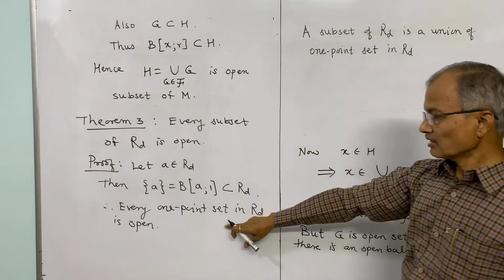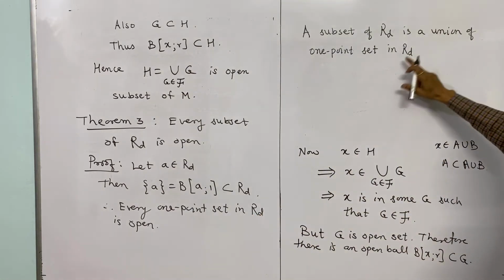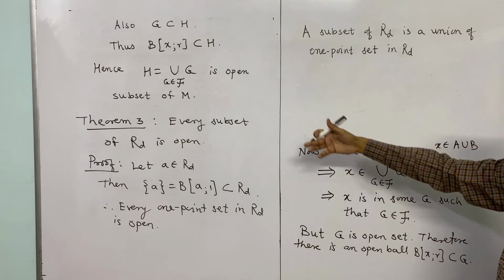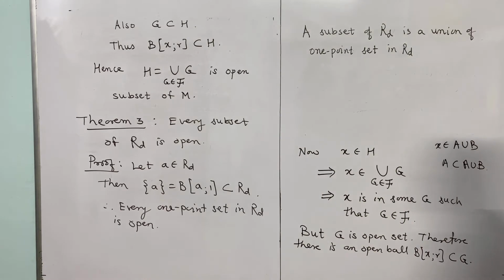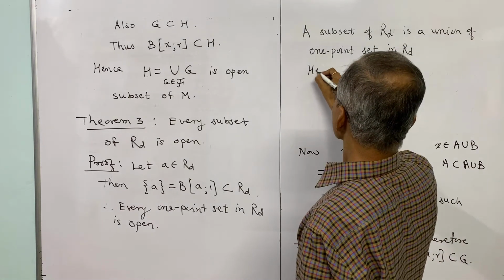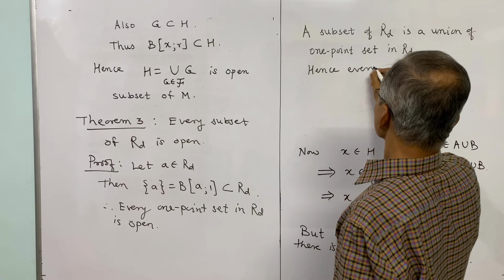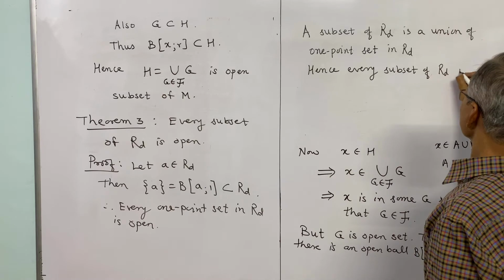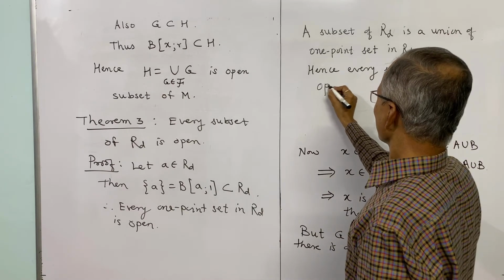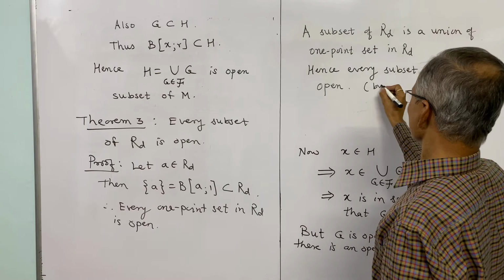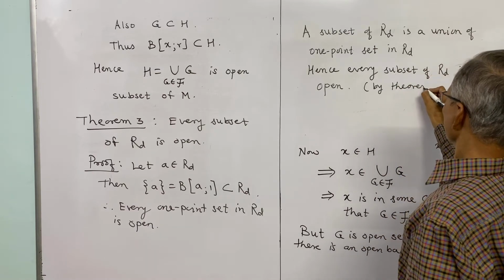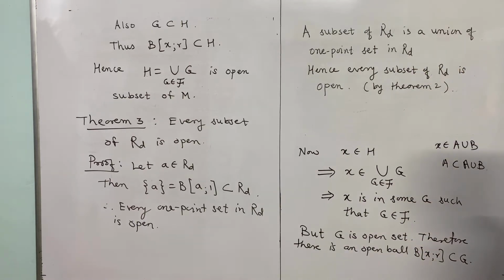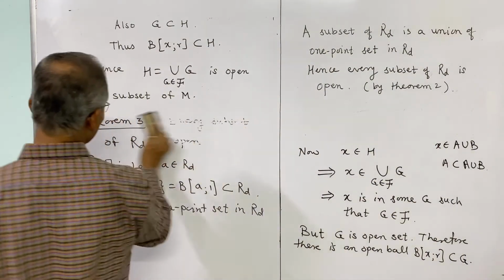And see what we have written: every one point set is open, and a subset is a union of one point sets, which means a union of open sets, and a union of open sets is open. Therefore, every subset of R^d is open. This is by theorem 2. We have used theorem 2 here: a union of open sets is open, and thus this proves every subset of R^d is open.